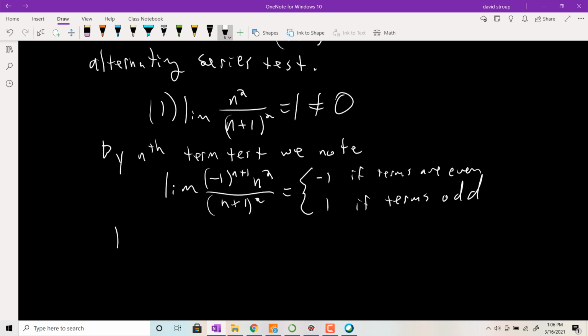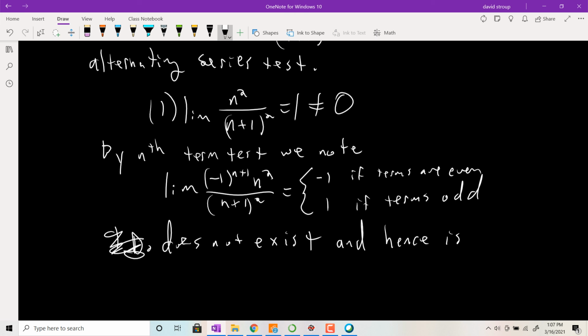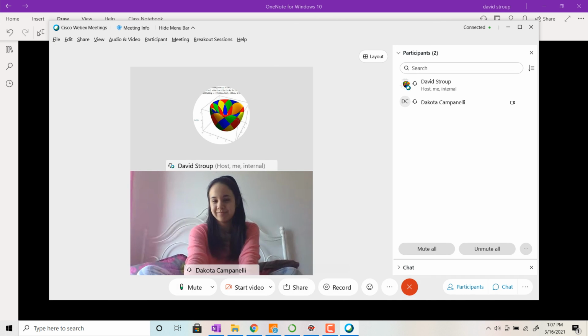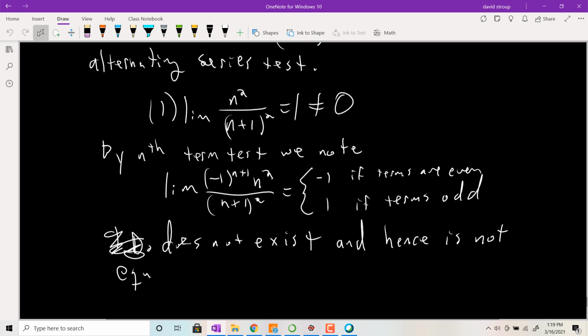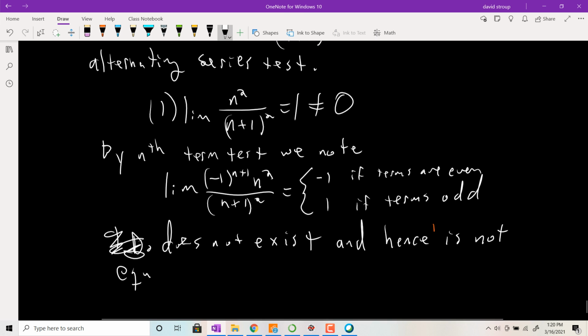So by the nth term test, this limit does not exist, and thus is not equal to 0, and hence it's divergent.